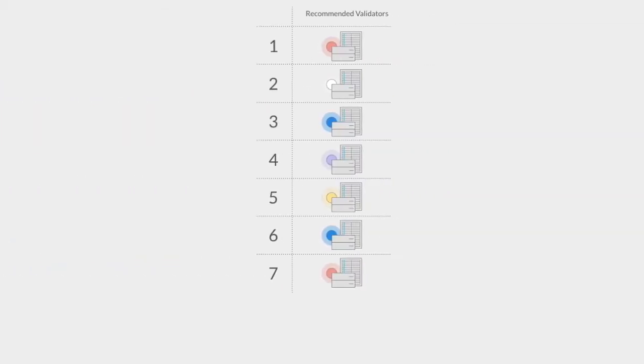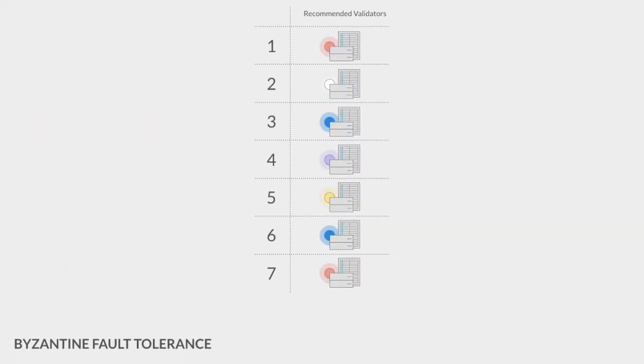In proof of work, anyone with a mining rig can participate in consensus, and miners, the equivalent of a Stellar validator, can join and leave the network without impacting consensus. In a BFT environment, there must be a recommended validator list defined by a central authority, often the company behind the protocol.